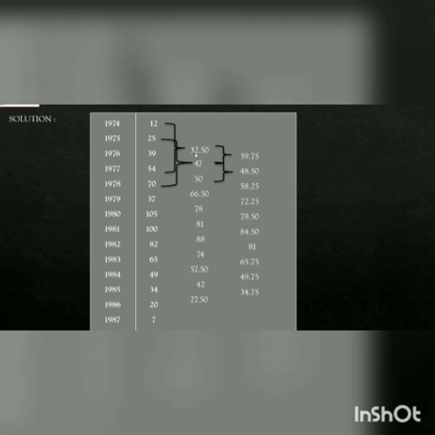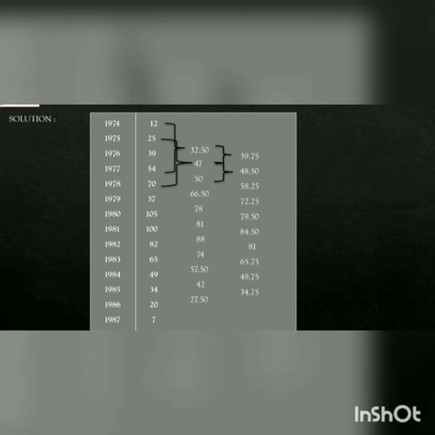For example, 32.50 plus 47.47 divided by 2 is equal to 39.75, and the next 2 values are 47 and 50. By dividing this by 2, we get 48.50, and the next 2 values are 50 and 66.50.